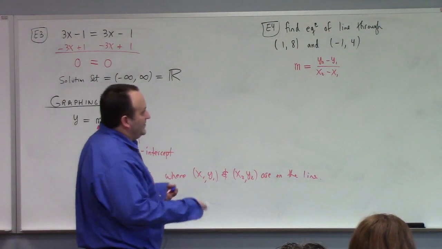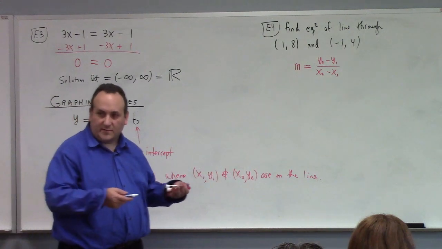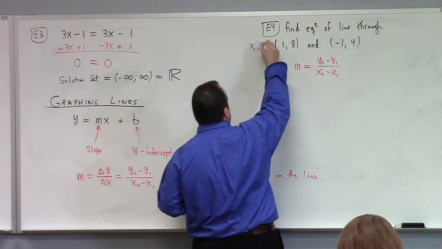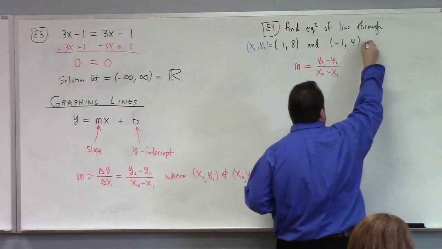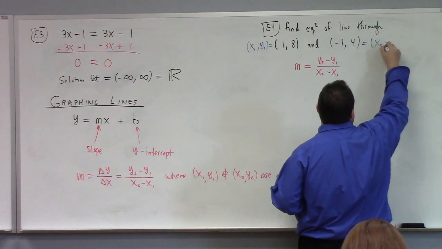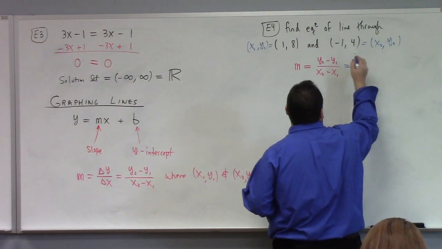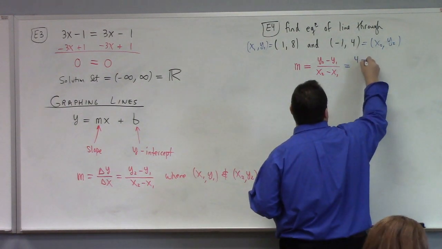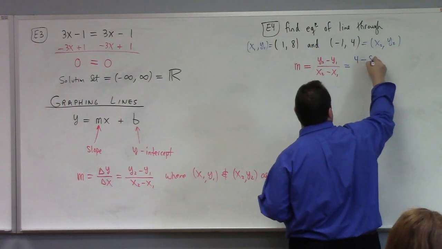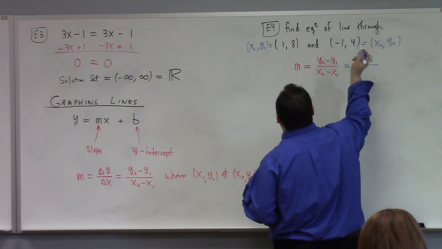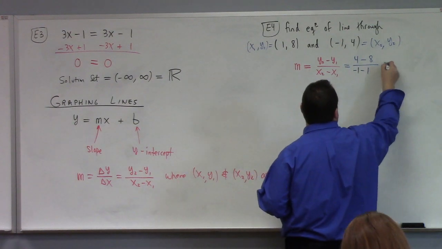The answer is it doesn't matter. Whichever way you go, as long as you're consistent, it's okay. So let's say that this is the first one just for the sake of making a choice, and let's think of this as the second one. So y2 is 4, y1 is 8, x2 is -1, and x1 was 1.